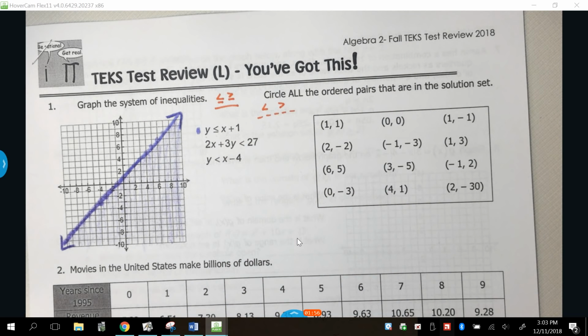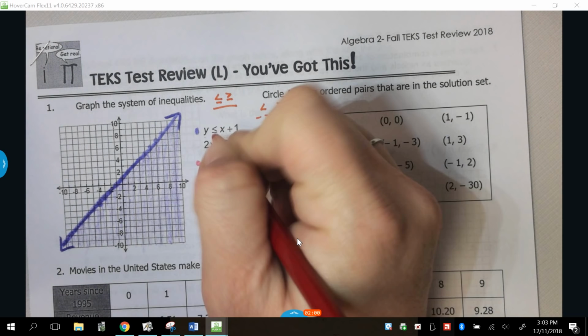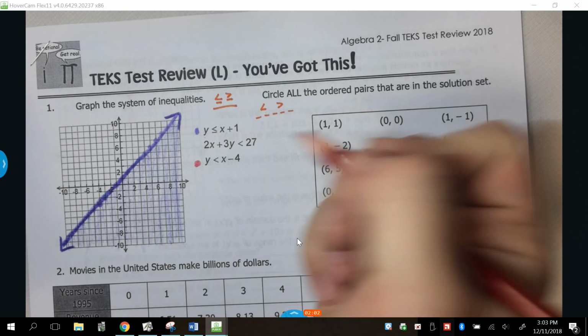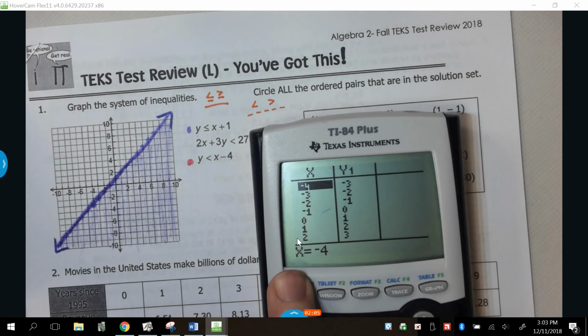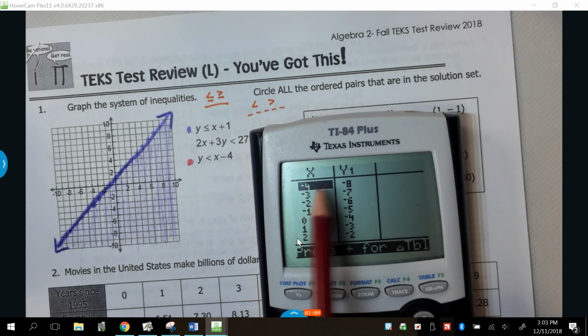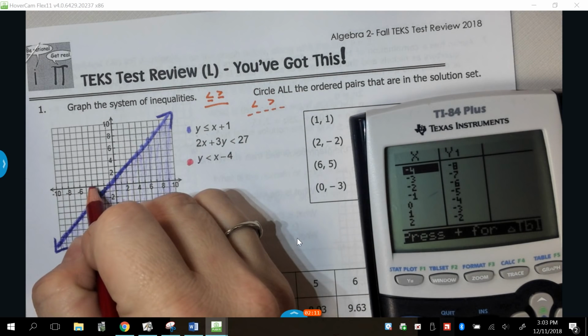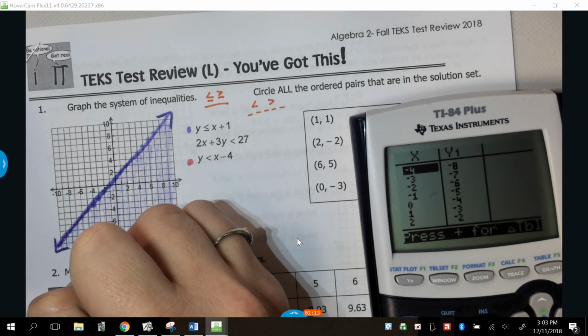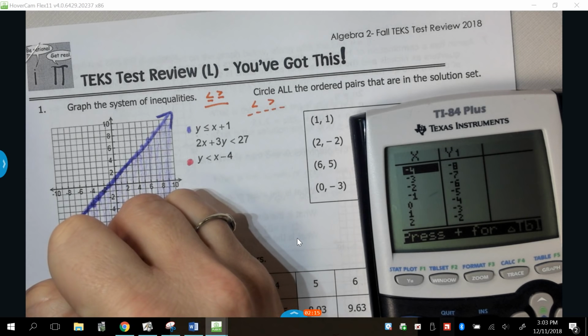Okay, let's do red for this one. Okay, so now I have x minus 4. So again, I can come here and do x minus 4, second graph. So it tells me -4, -8. Okay.